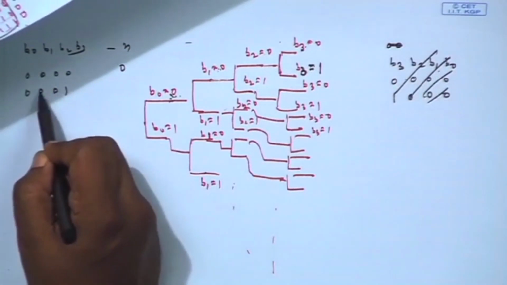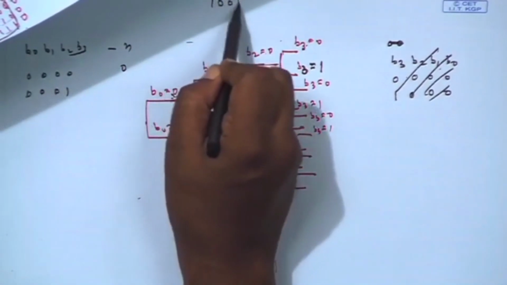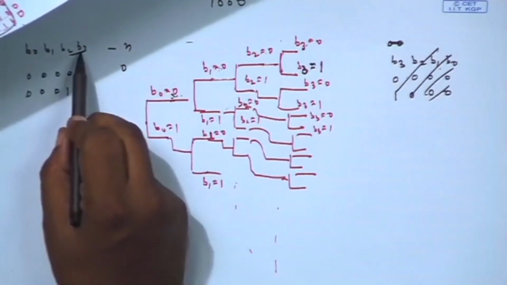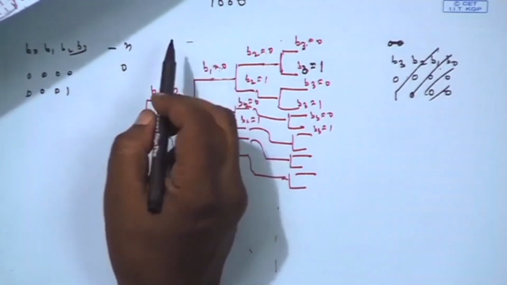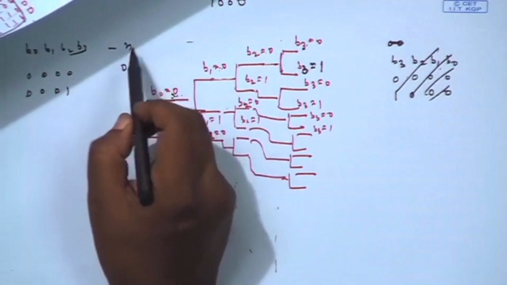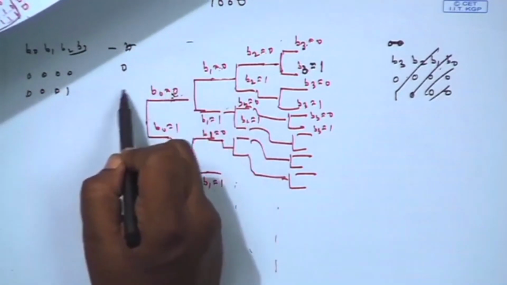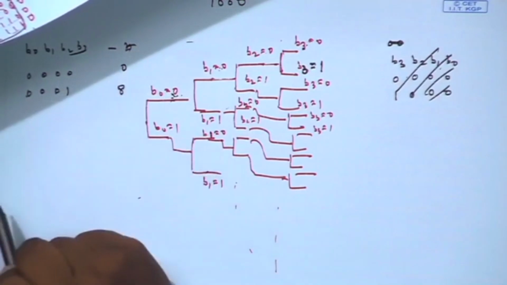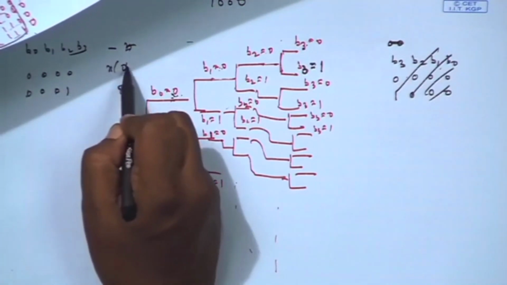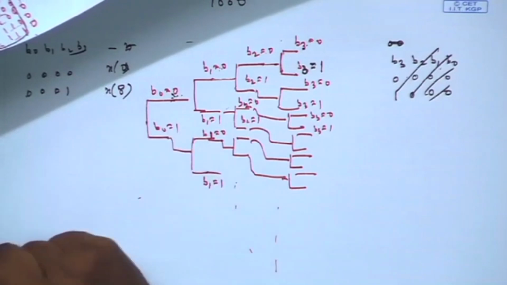So, 1 0 0 0, because actual number was n, that was B3, B2, B1, B0. So, this will be 1 0 0 0, so 8. So, this will be x 0, x 8.